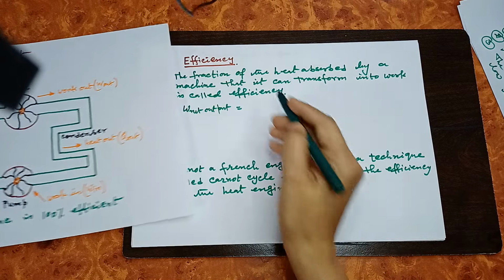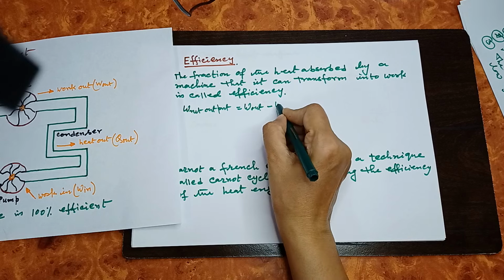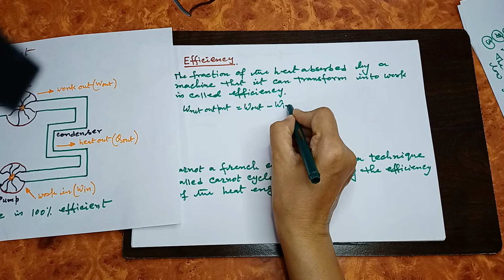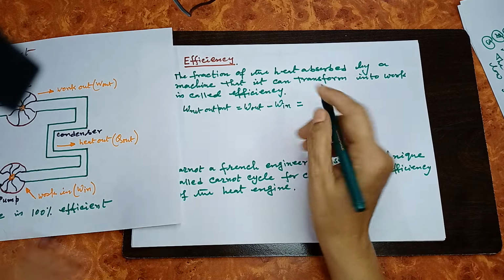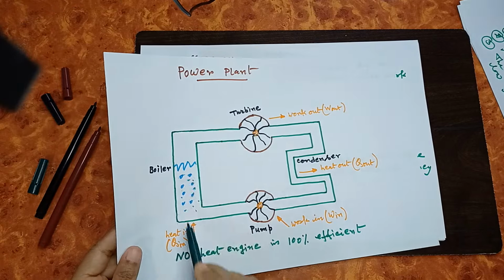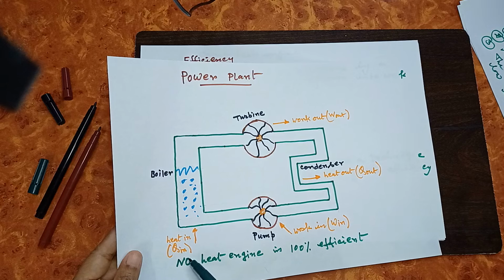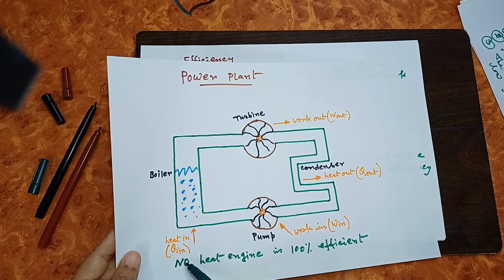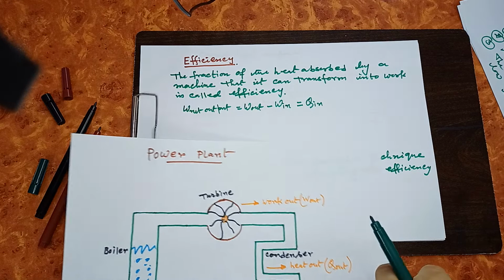So it will be W out minus W in, right? And this is once again equal to Q in, heat absorbed by this working substance or by this engine. Because why has it performed the work? Because it has absorbed the heat.